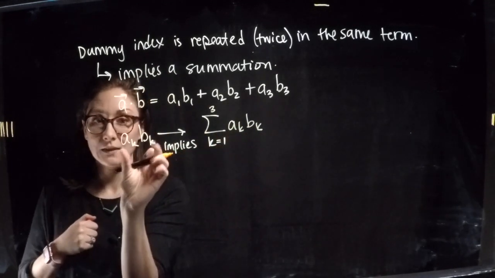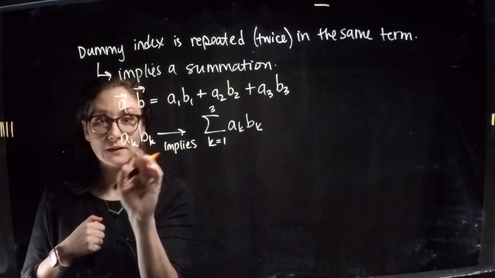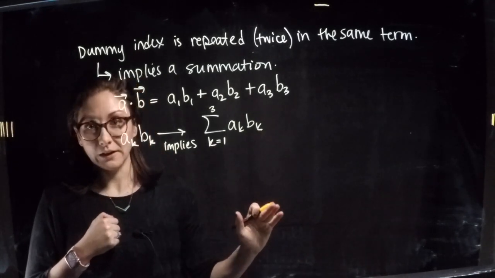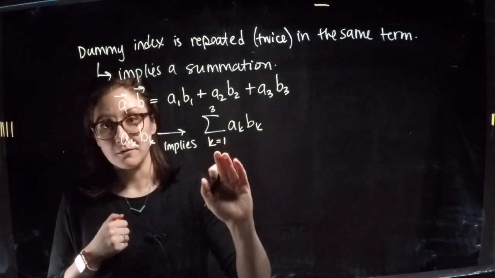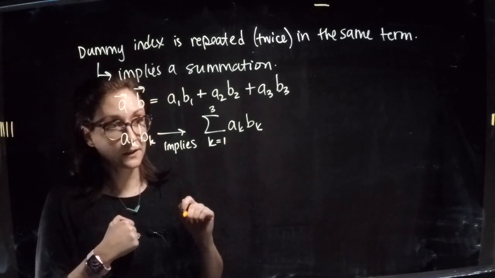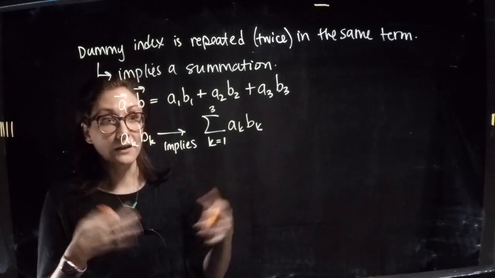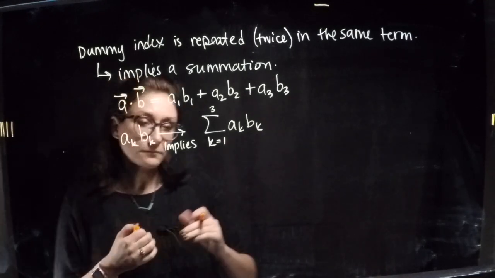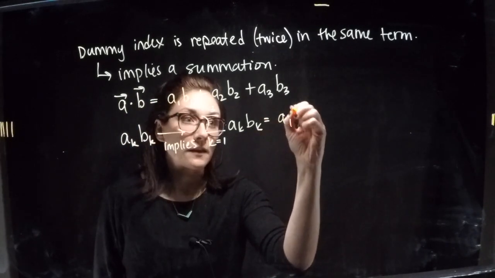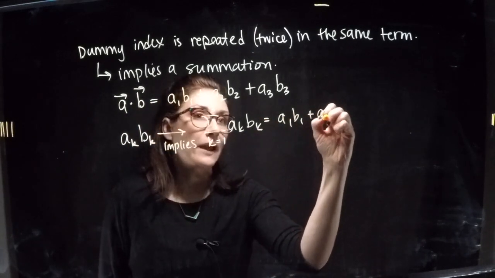This is our shorthand, and if there's a repeated index, this is what we mean. If you ever get lost when you're starting out with this, absolutely feel free to just write these summation signs in when you have a dummy or a repeated index as you're getting used to it. All right, and so if you write this out, we get the exact same thing as we had before.